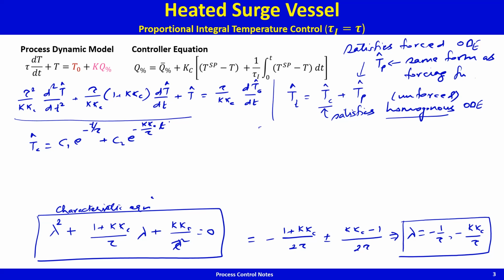If e to the power lambda 1 t satisfies the ordinary differential equation and e to the power lambda 2 t satisfies the homogeneous part, then a linear combination of these two also satisfies it. So the general form of the complementary part of the solution is a linear combination of the exponentials corresponding to the special values of lambda that come from the homogeneous part. T particular will have the same form as the forcing function, and we are going to take the forcing function as a unit step.